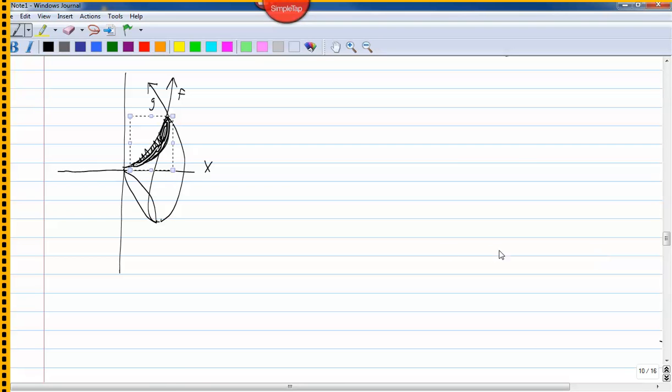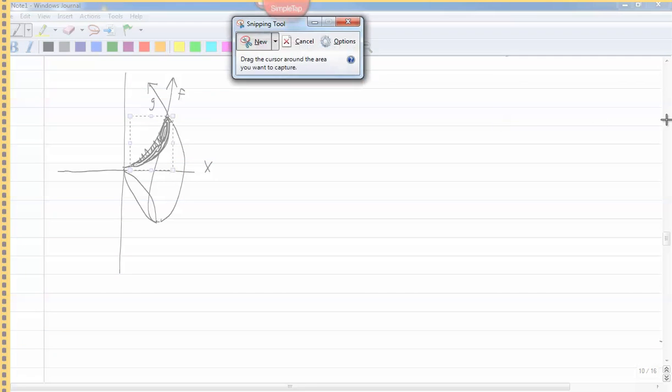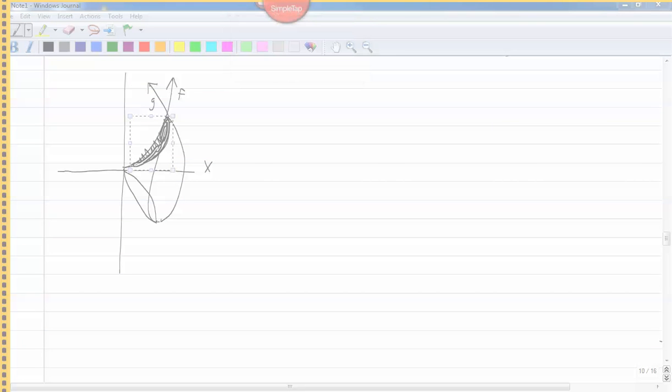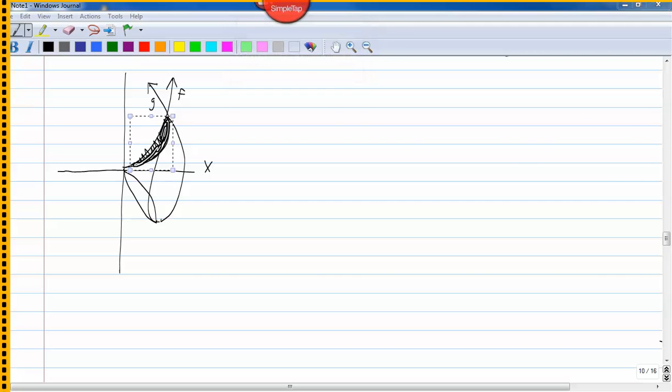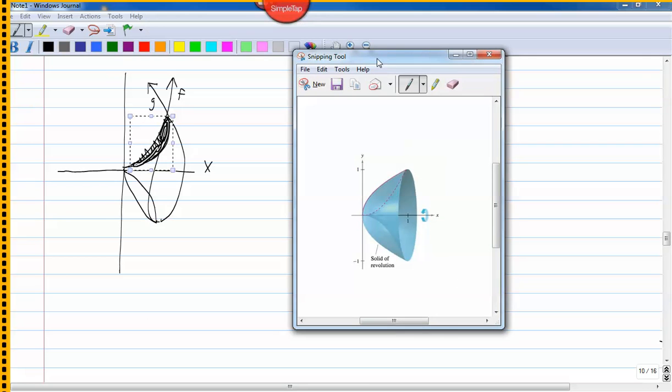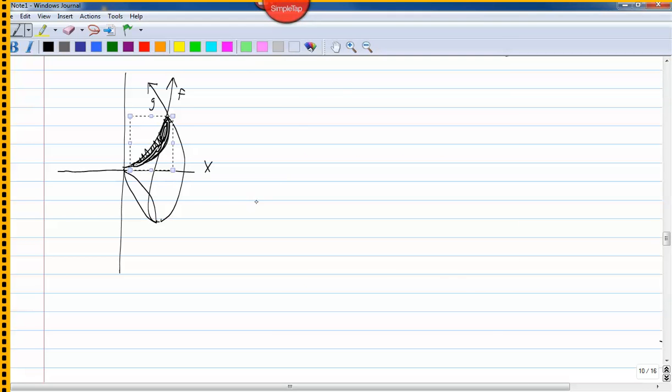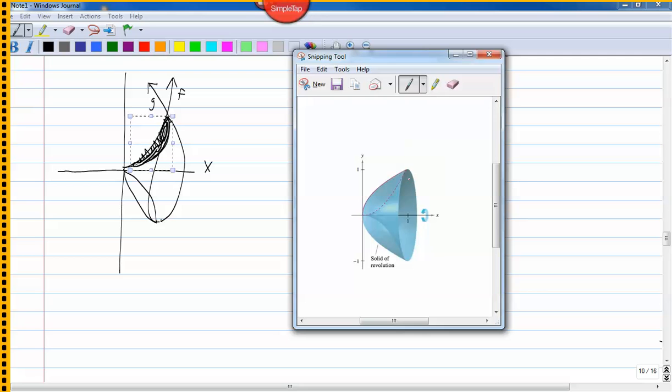So here's a little better picture of it for you. And so you can see it's missing stuff in here.